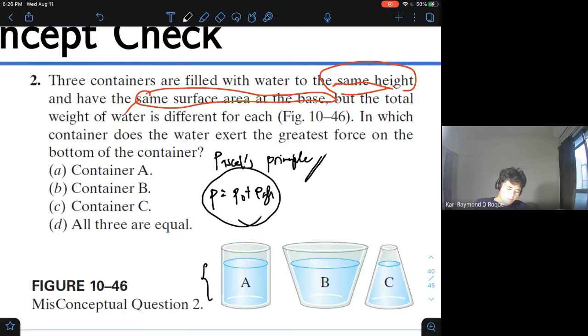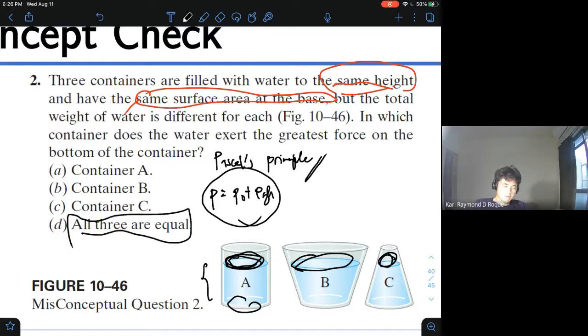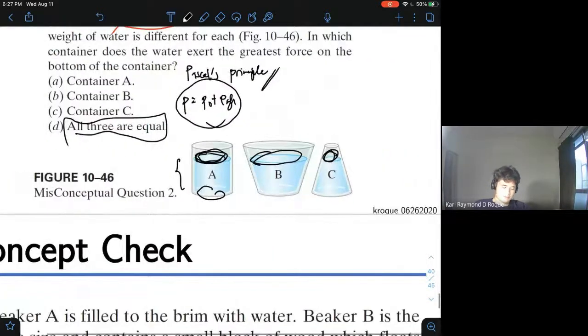You are sure na pare-pareho yung pressure at the bottom. So dahil pare-pareho yung pressure at the bottom, pare-pareho yung surface area at the base. Di ba? Force over area is the same, pressure is the same. Pare-pareho yung area. All three are equal. Yeah? Yan.